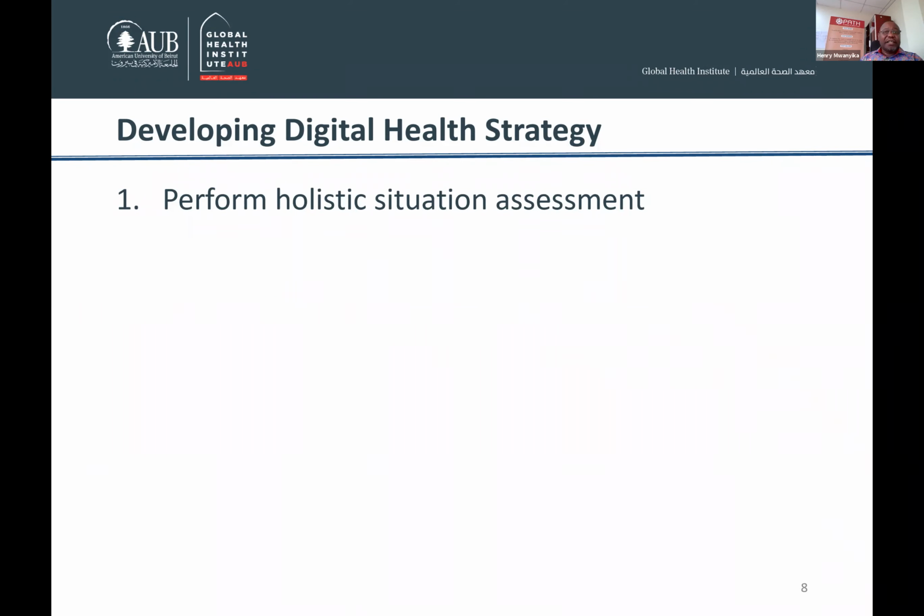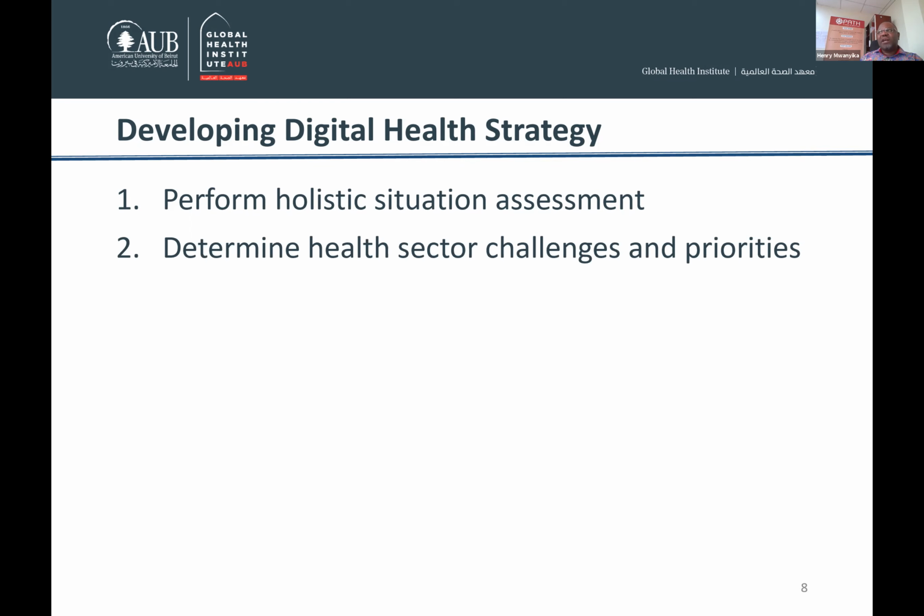So once you do that, now you need to determine the health sector challenges and priorities. In this case, you need to know what are some of the challenges the health sector in your country is facing. What are the challenges? And what are the priorities for the next 5 years?